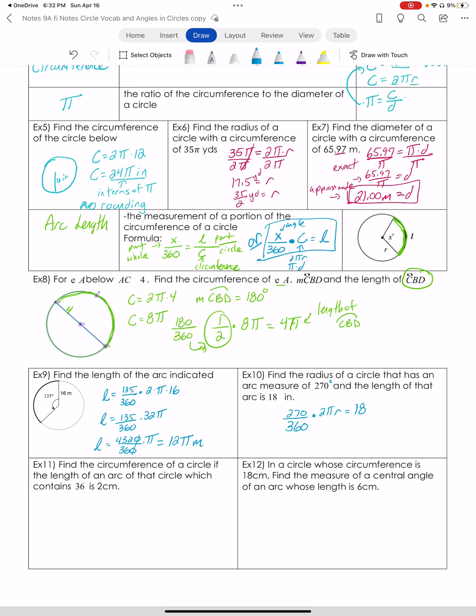So this is 540 over 360 pi times r is equal to 18. I'm going to multiply by the reciprocal, which is 360 over 540 pi.